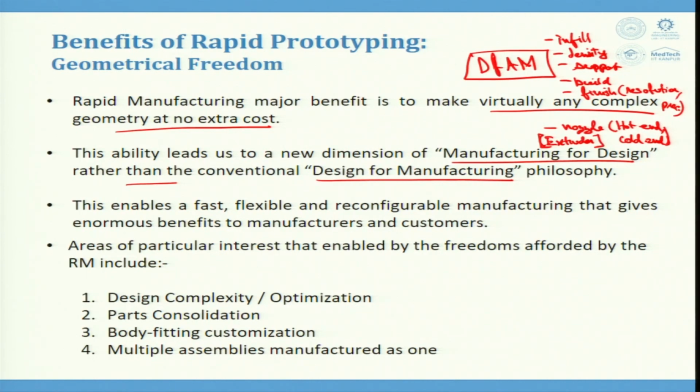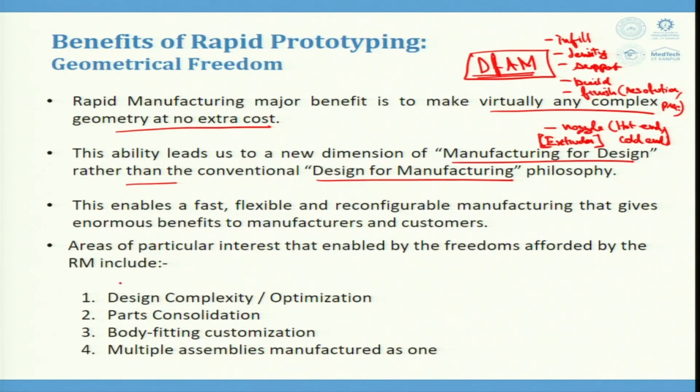The cold end majorly controls the rate at which the material is supplied, that is the flow of the material, and the hot end is only to adequately heat the material, so that the plastic material that is fused or melted is made to pass through the nozzle. So, these are a few terms we keep in mind when we talk about design for additive manufacturing, and we try to design the part accordingly.